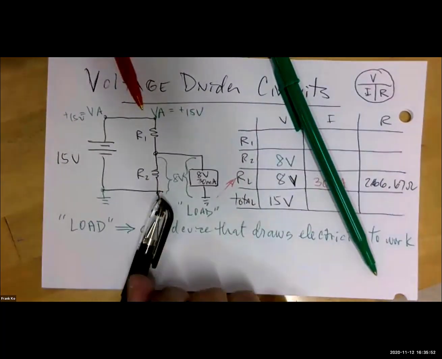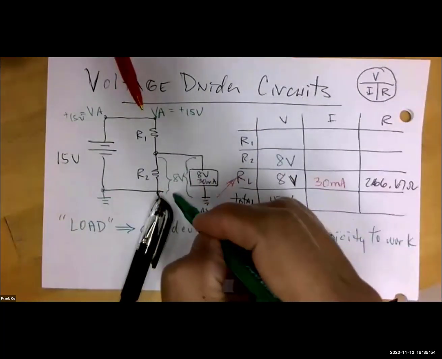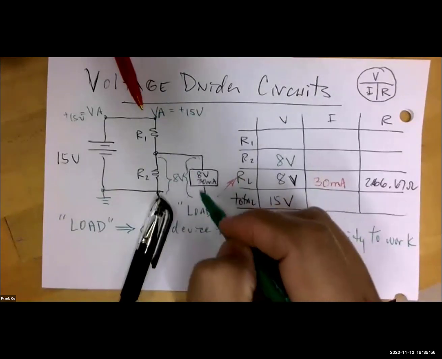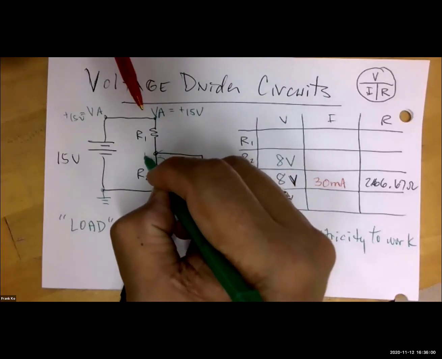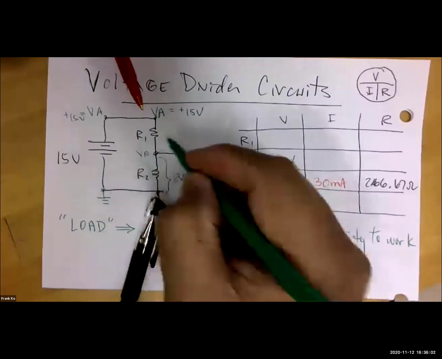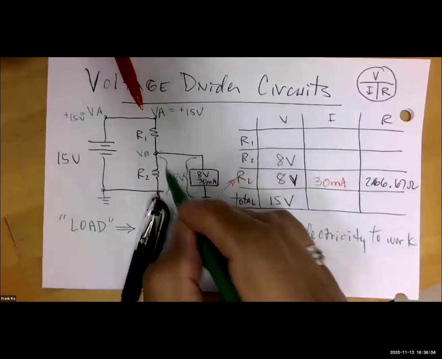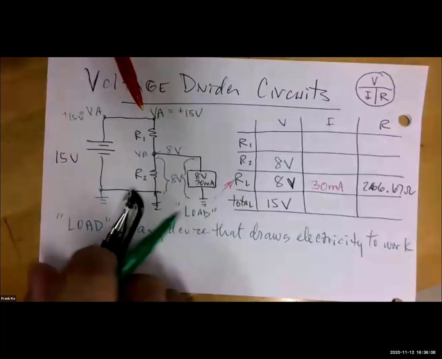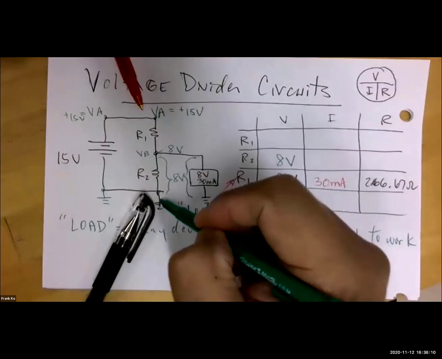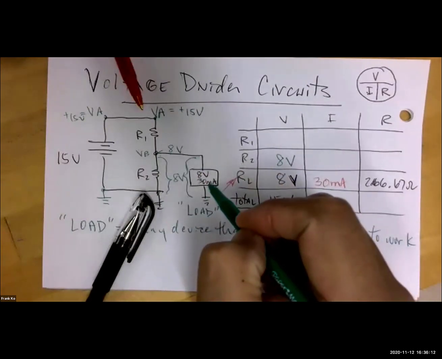15 volts. How much do I have dropping across this load resistor and R2? Let's call this point B. The voltage at point B measured to ground is 8 volts. So I have from point B to ground 8 volts because that was a demand of the load.